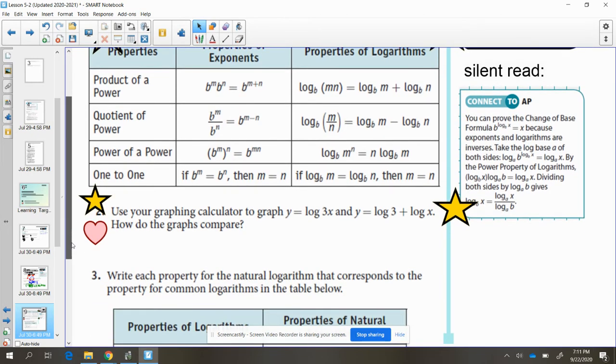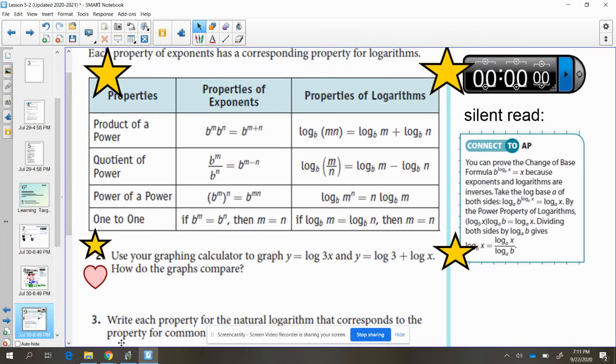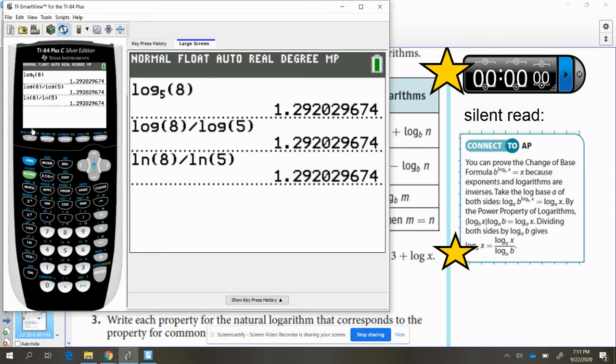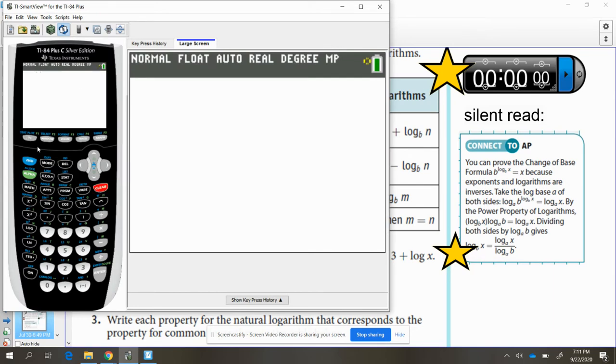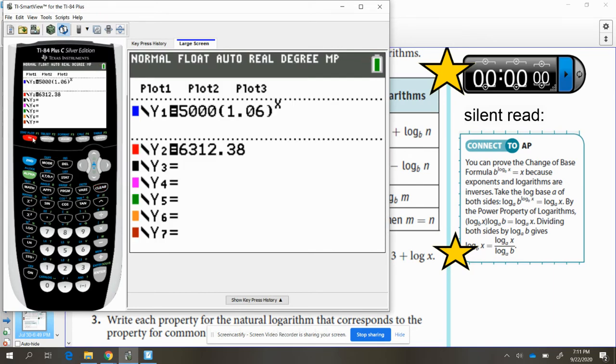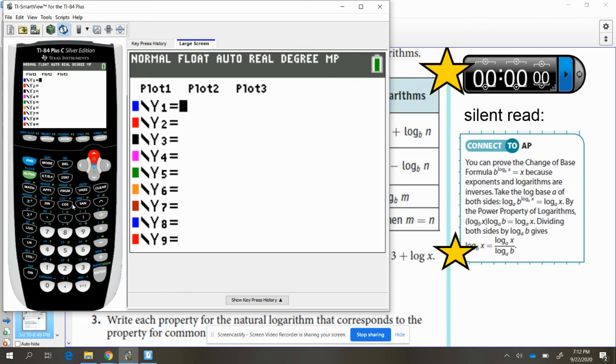Okay, so to see this in action and prove some things, they ask us to compare the two graphs of log base 3 of x versus log of 3x, and then we have log of 3 plus log of x.